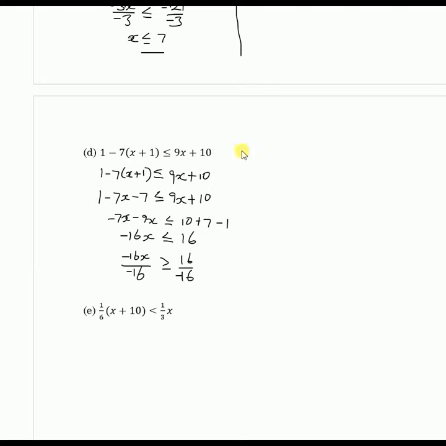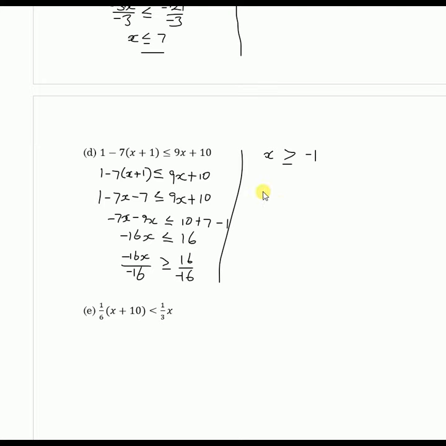So from there, I get x is greater than or equal to negative 1. So I'm looking at a value of x greater than negative 1. 0 is greater than negative 1.